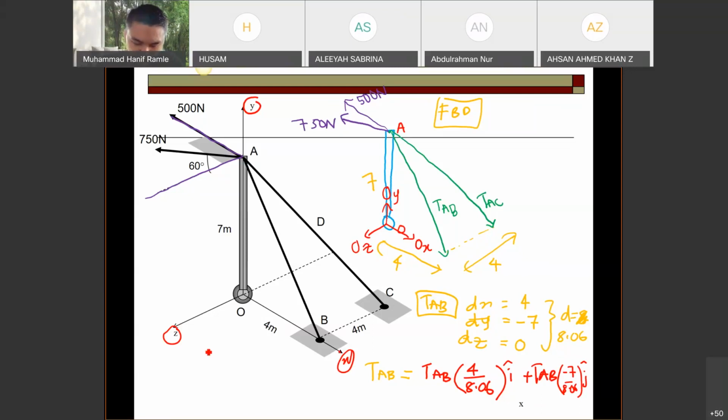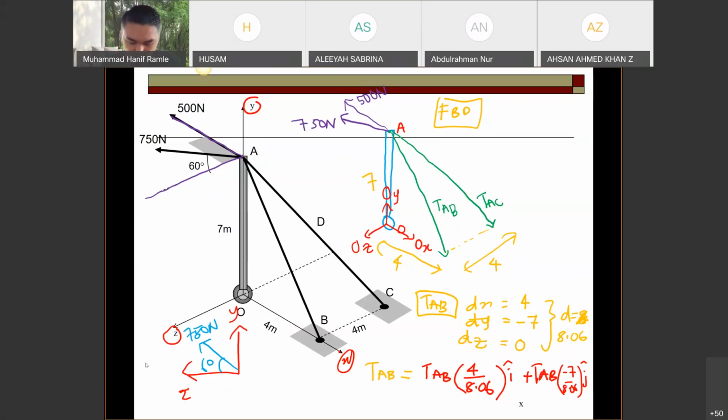So you can draw like this. This one is Z. This one is Y. So your force is like this, and there is the angle. 750 Newton. So you can resolve this value.